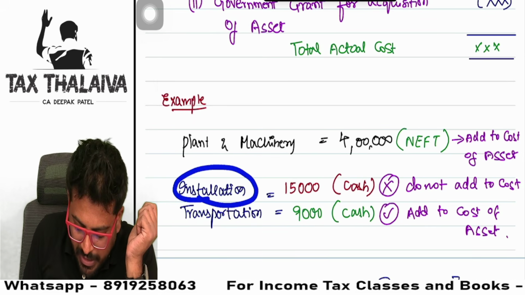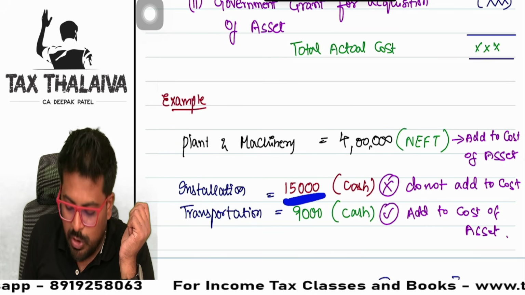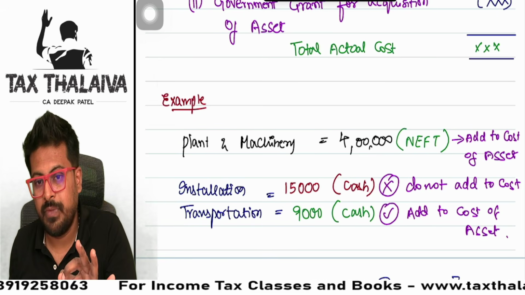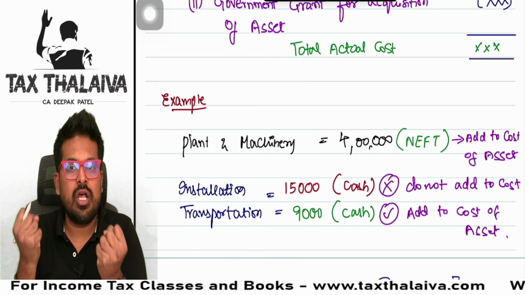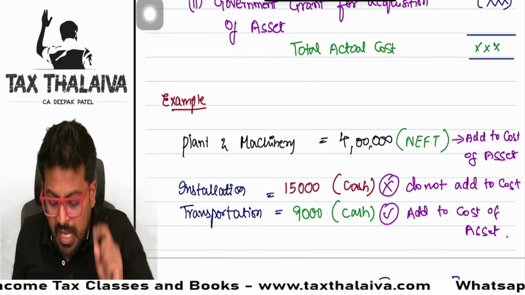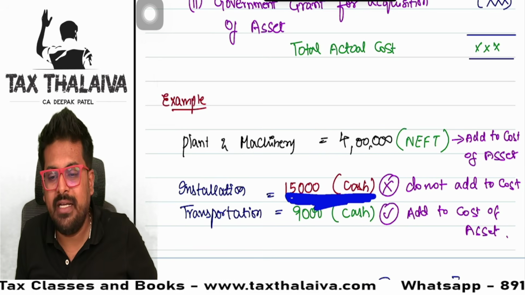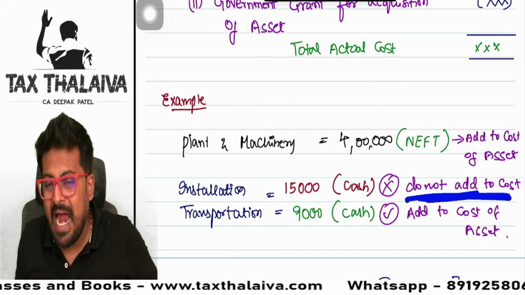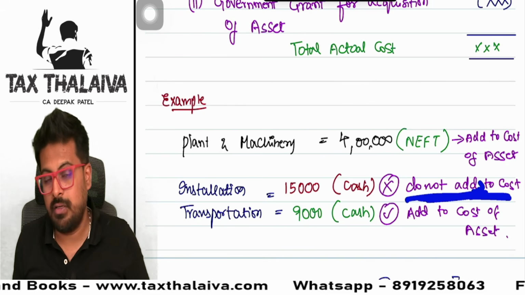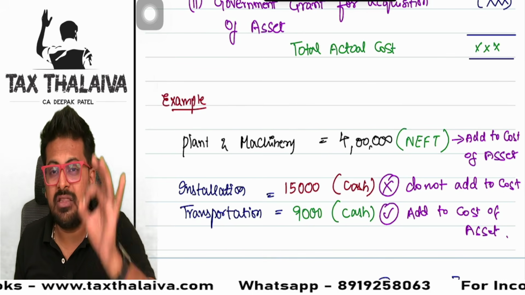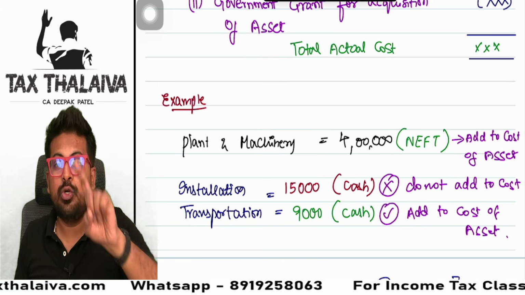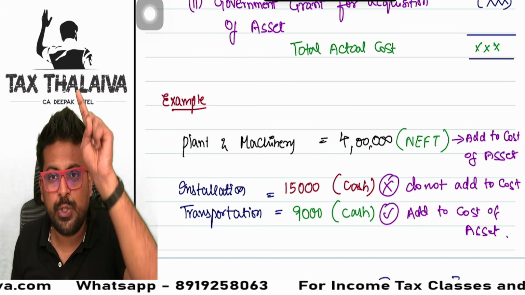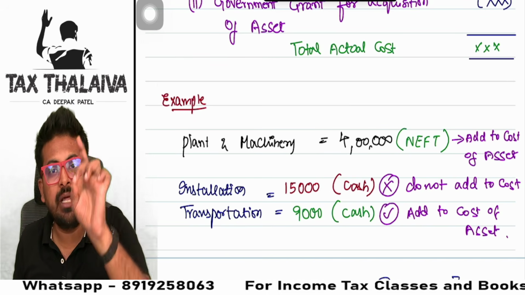But let's say for installing this machinery, 15,000 you made payment in cash. See, installation expenses generally you need to add to the cost of asset, but since you made the payment of more than 10,000 in cash, you cannot add that value to the cost of asset, because if you make any payment of more than 10,000 in cash for buying an asset, then to the extent of the cash payment it will not be eligible for depreciation.